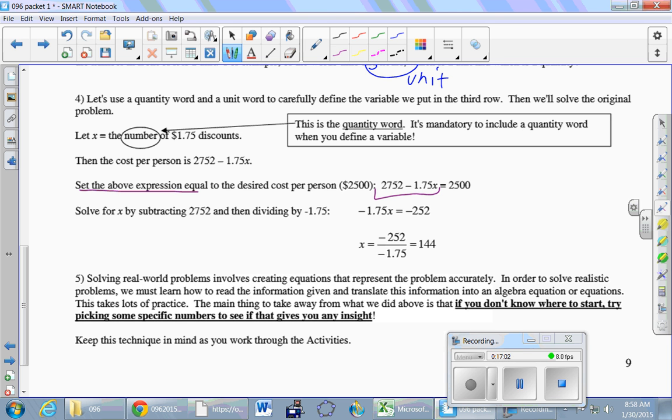Okay, so big conclusion here in number 5. Who is our last reader? Who's over here? Could you read number 5 for us? Solving real problems.